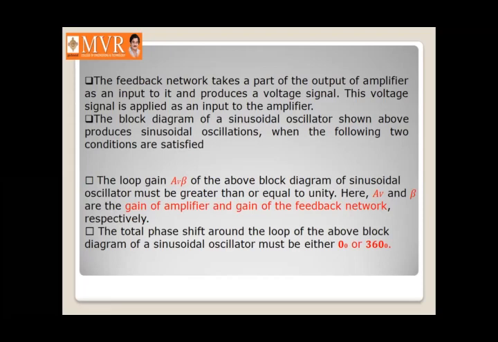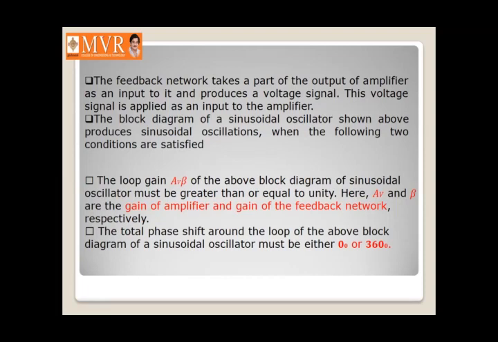Here, our main aim is to generate the sinusoidal signal. So we have to keep the loop gain greater than or equal to 1. The loop gain depends upon Av, which is the gain of the amplifier, and beta, which is the transfer function of the feedback. Beta is nothing but the transfer function of feedback.